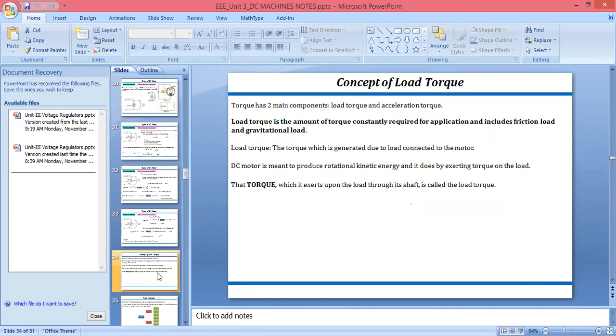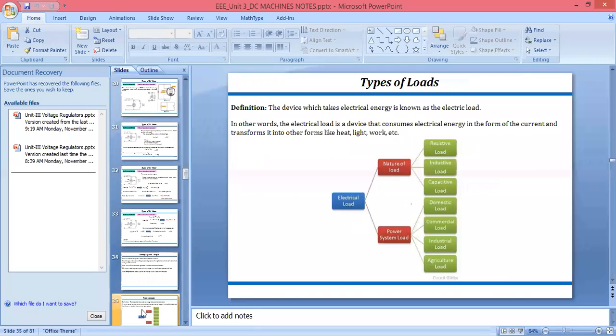Then we have seen the concept of load torque. Torque has two main concepts, load torque and acceleration. Then we have seen which type of load we are using with the DC motor and the DC generator, because when we are using the DC generator, we can connect lots of devices.